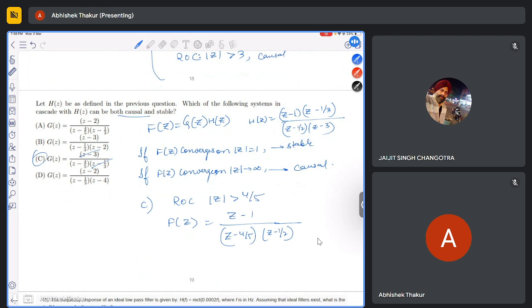So in that case, it is both causal and stable because the ROC contains z equal to 1 and z equal to infinity.